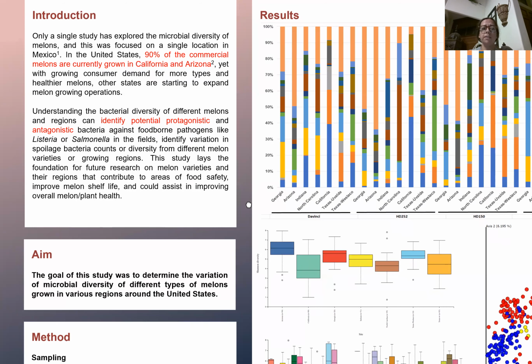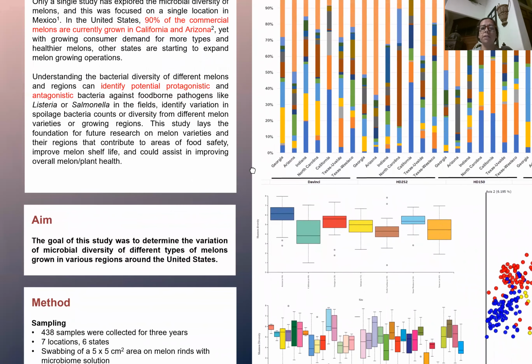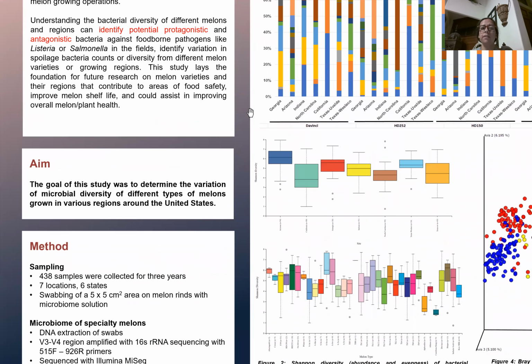This study also lays down a foundation for future research on melon varieties and their regions that can contribute to areas of food safety, plant health, and improving shelf life.